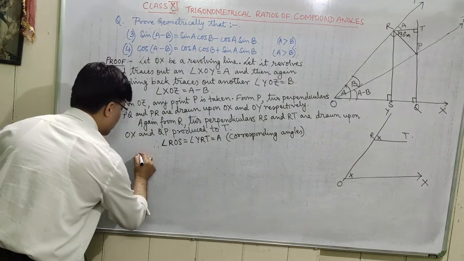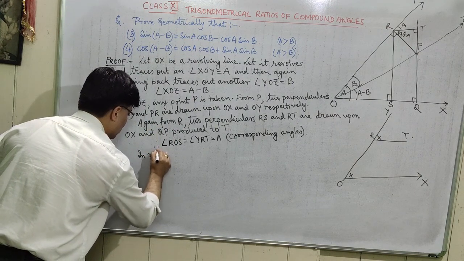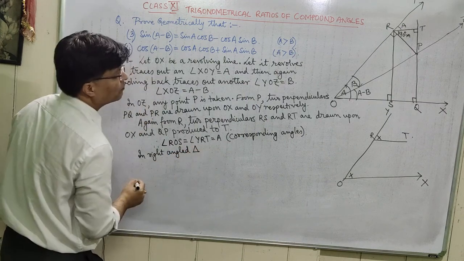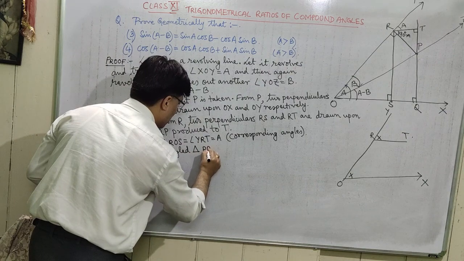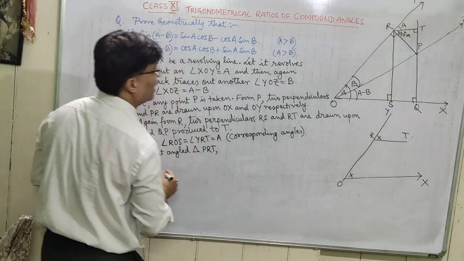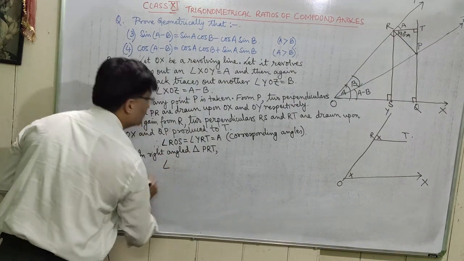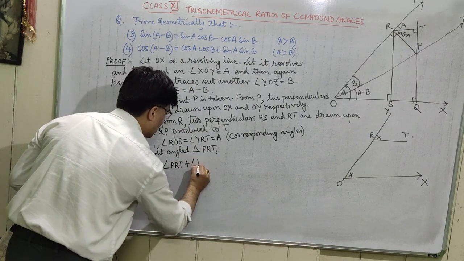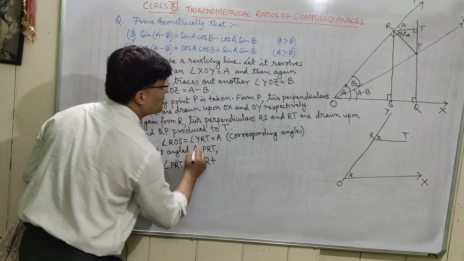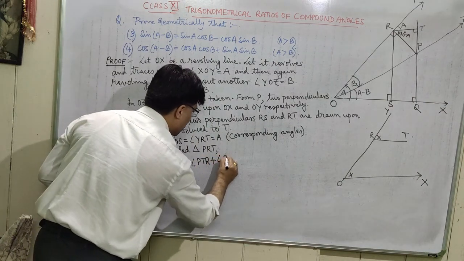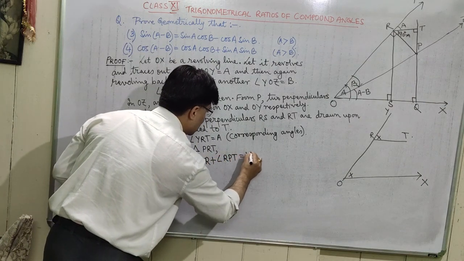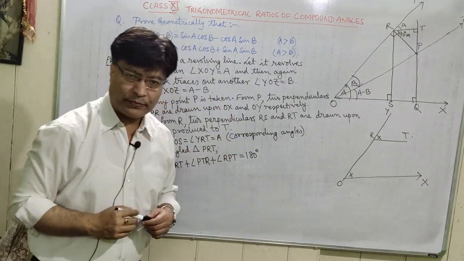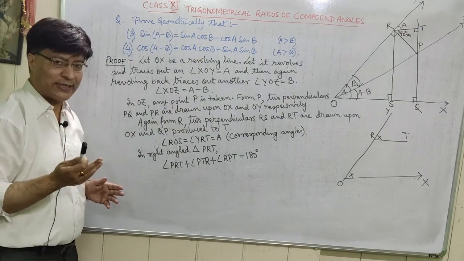Okay. Now in right angle triangle PRT, we have angle PRT plus angle PTR plus angle RPT is equal to 180 degree. You know that PRT is a triangle, and the sum of the three angles of a triangle is equal to 180 degree.